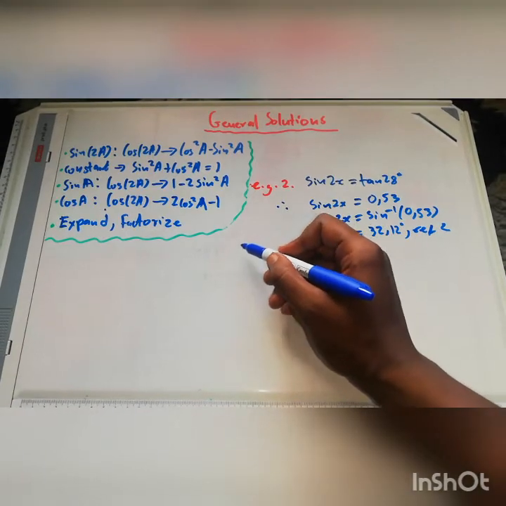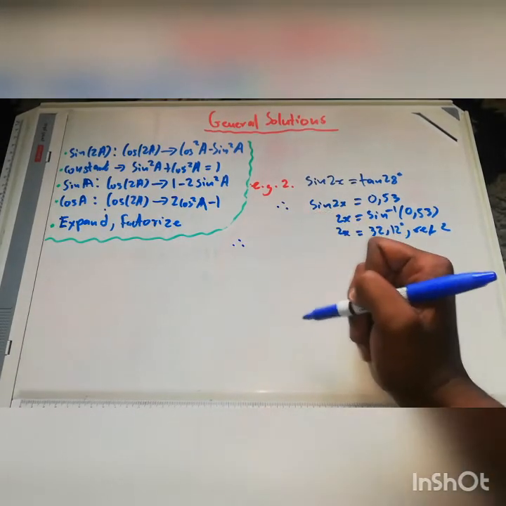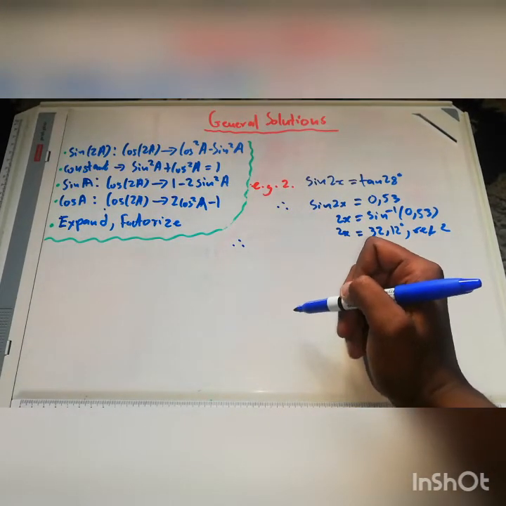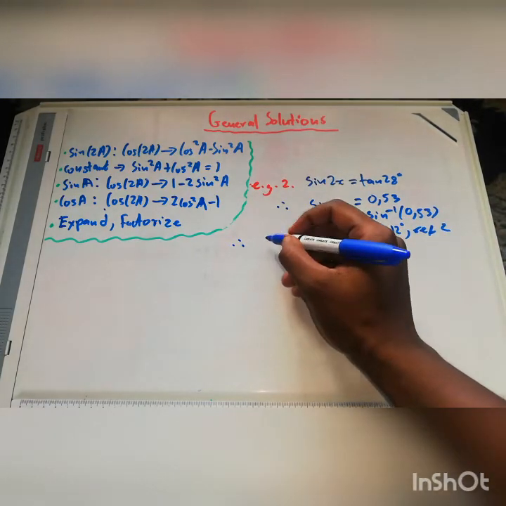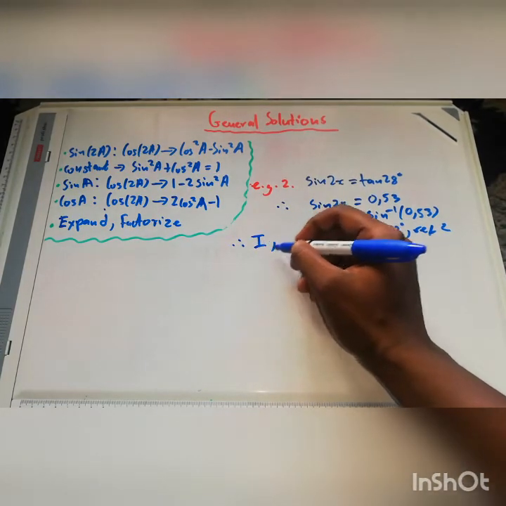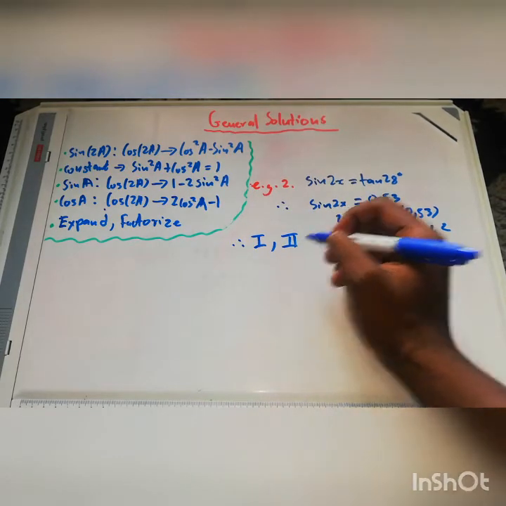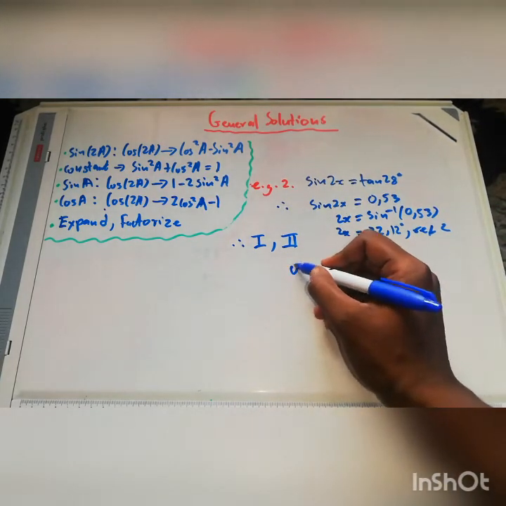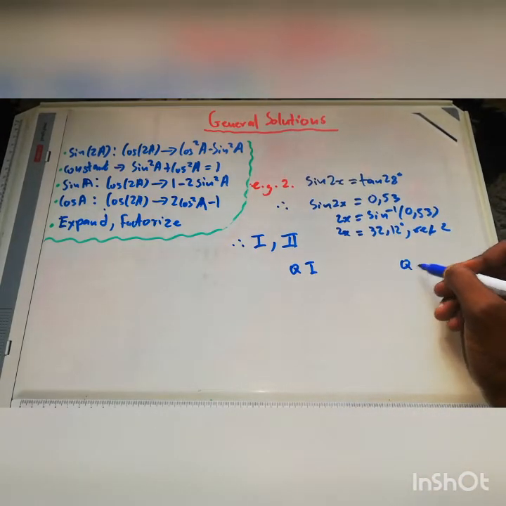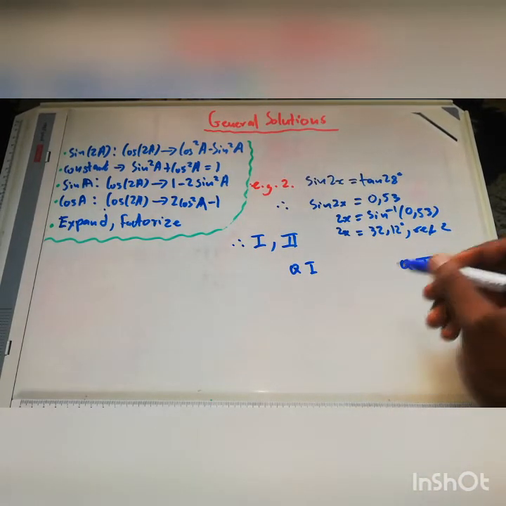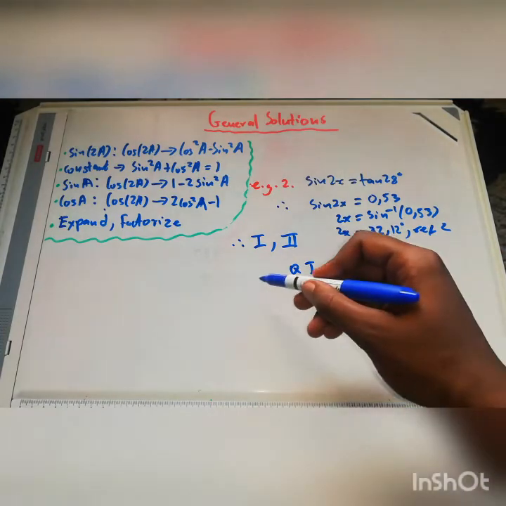And then now you have to decide on your quadrant. So sine is positive in the first quadrant and the second quadrant. So you are going to have q1 here and the second one here, and then we divide it.